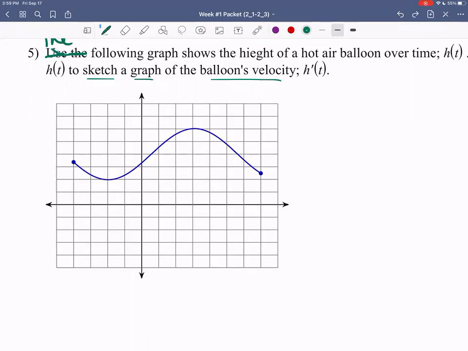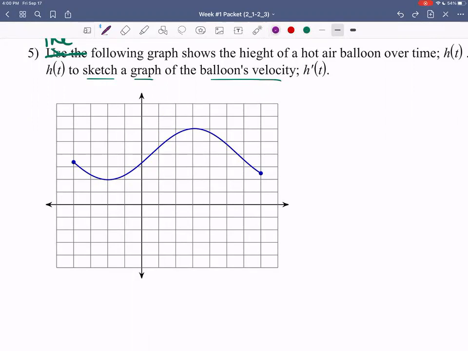And that is where the balloon goes from decreasing to increasing. Why? Well, the velocity would then be losing height to gaining height. So by first finding where the balloon changes direction, it will tell us where the velocity changes sign.